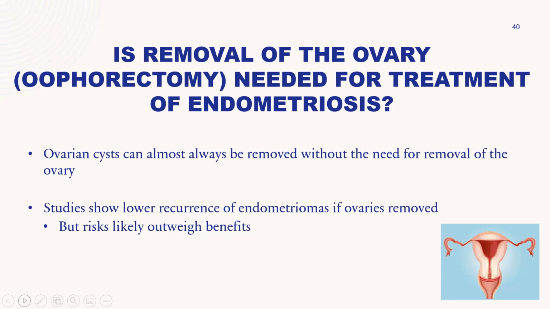But I think that the risk of removing an ovary, especially in a young patient, and most of our endometriosis patients are young, is very detrimental to the patient's health. And the risk will always outweigh the benefit of removing both ovaries in someone who's young. The patient's lifespan essentially will be shortened. There's an increased risk of mortality from all causes due to the loss of estrogen at this young age.